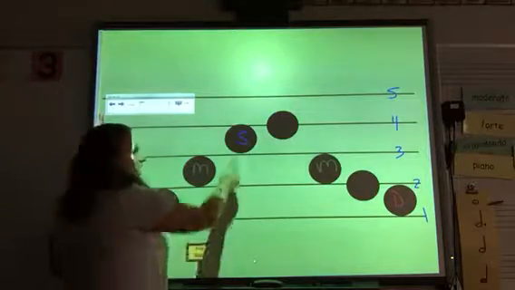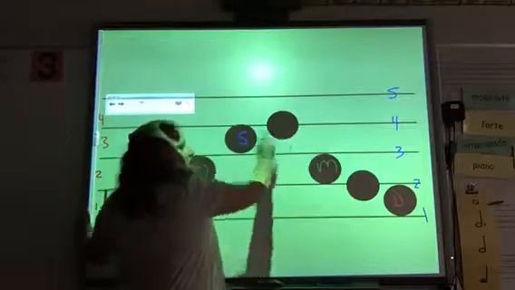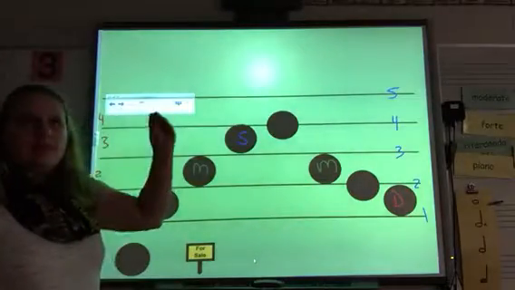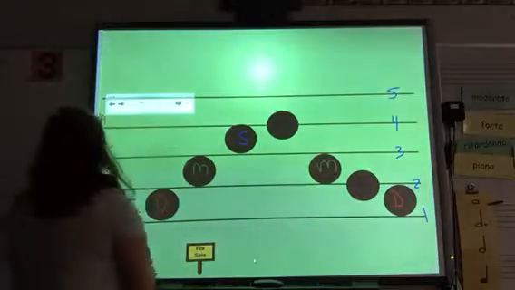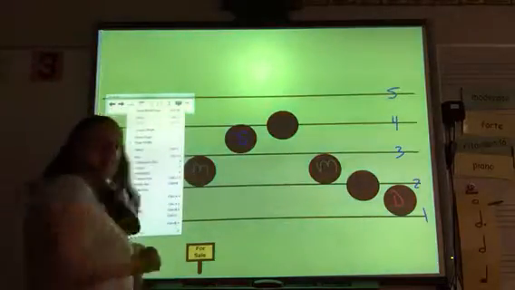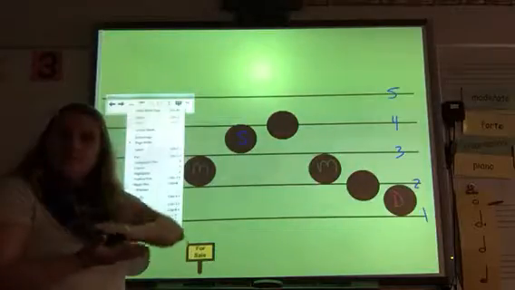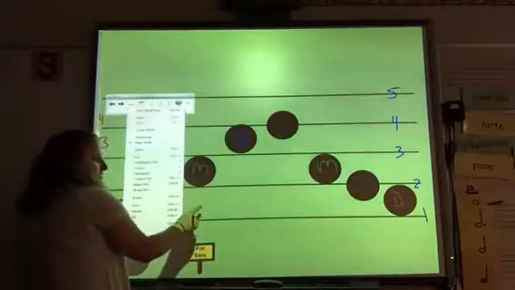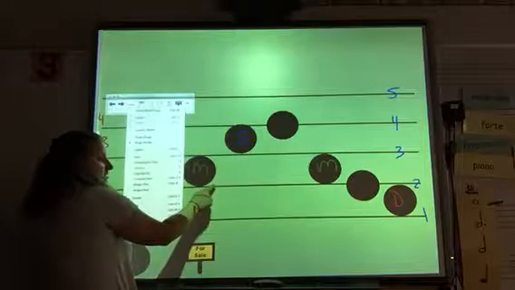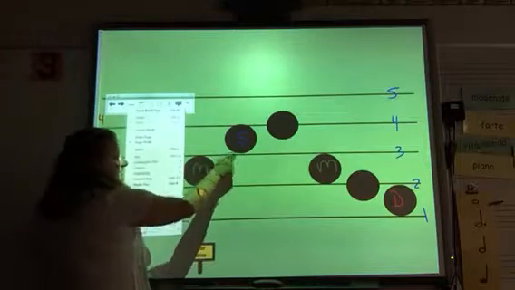Now I can figure out, okay, there's a note right here that is directly on the line above so. What pitch could that possibly be? Well, if you've been paying attention, you know that our lines and spaces go space to line is a step, line to space is a step, space to line is a step.